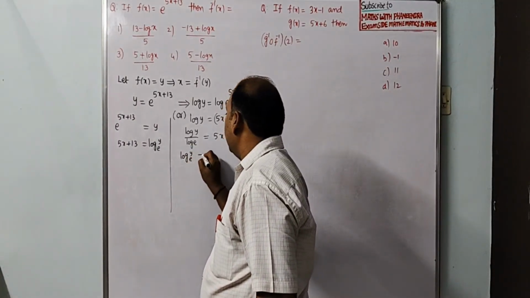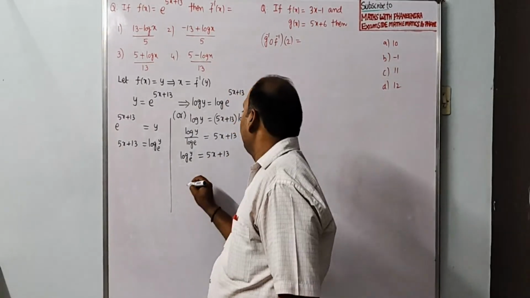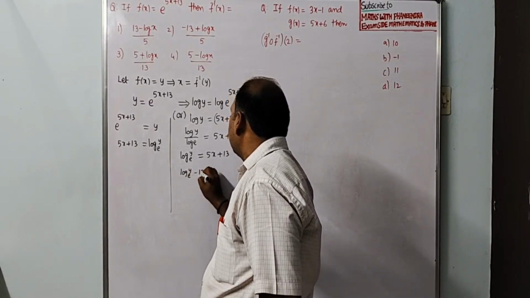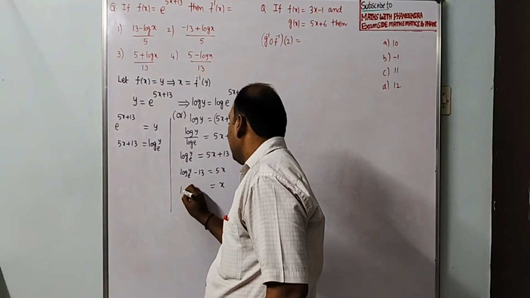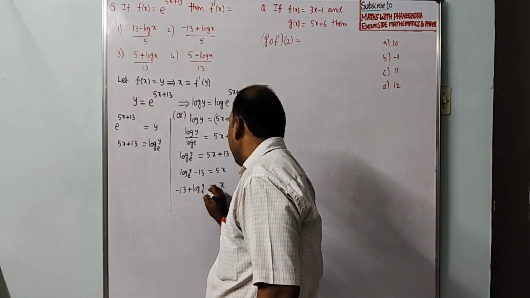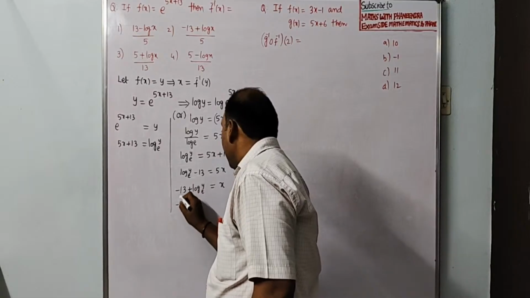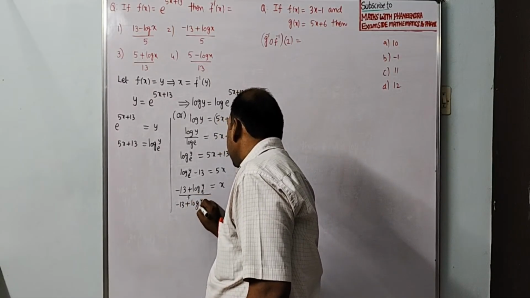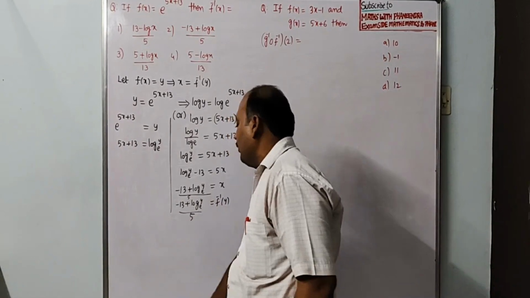So log y to the base e minus 13 equal to 5x. So x is equal to minus 13 plus log y to the base e, divided by 5 also, dear students, I forgot to write.